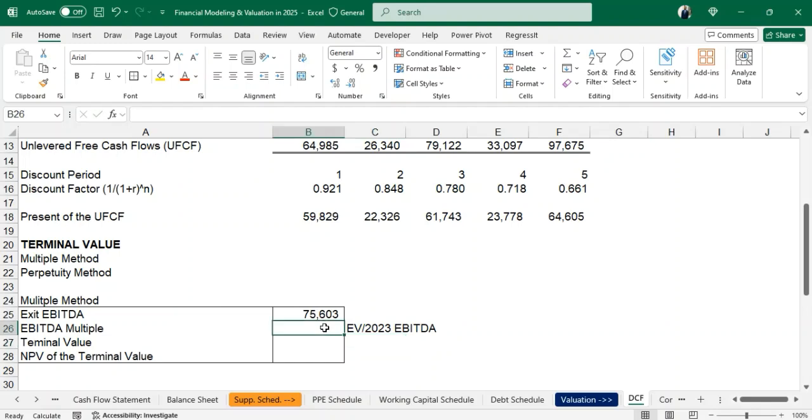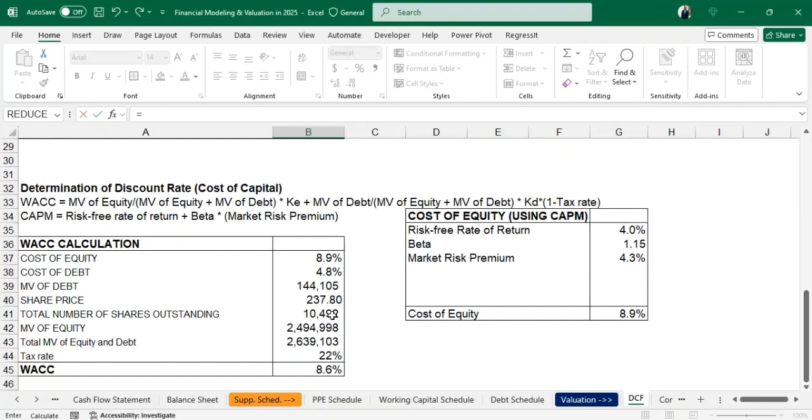Now we don't know our enterprise value. So our enterprise value is the market capitalization, and we have already calculated our market capitalization, which is the same as the market value of equity, which is this. Then we are going to add the market value of our debt as well, and I'm going to subtract my cash and cash equivalents.